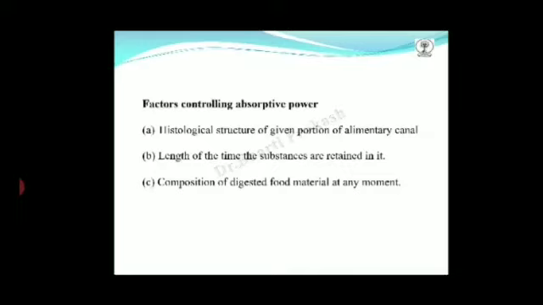How long the digested food is present in that particular portion. And the third is the composition of digested food material at any moment. Whether the food substance is digested to its smallest denominator, whether it is in the state that it can be absorbed. So these three factors control the absorptive powers.